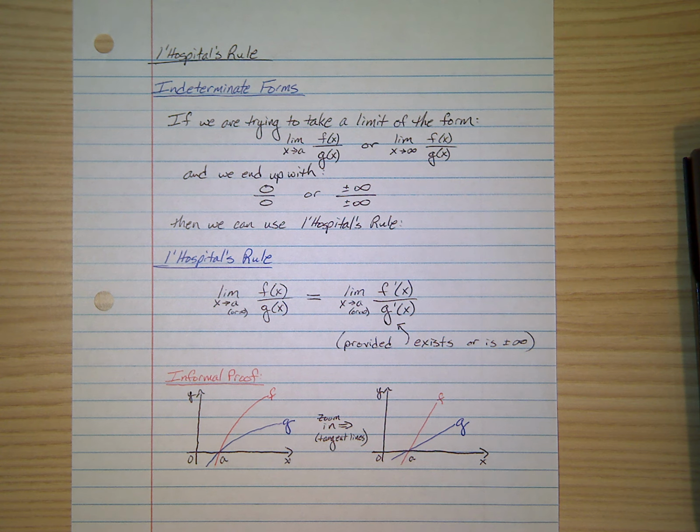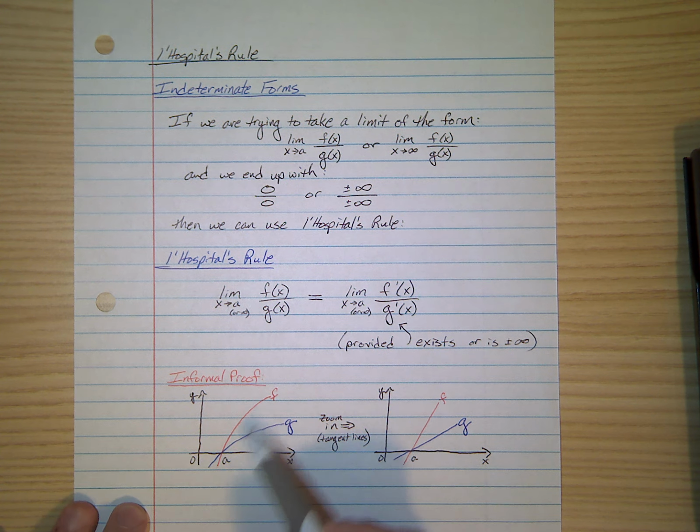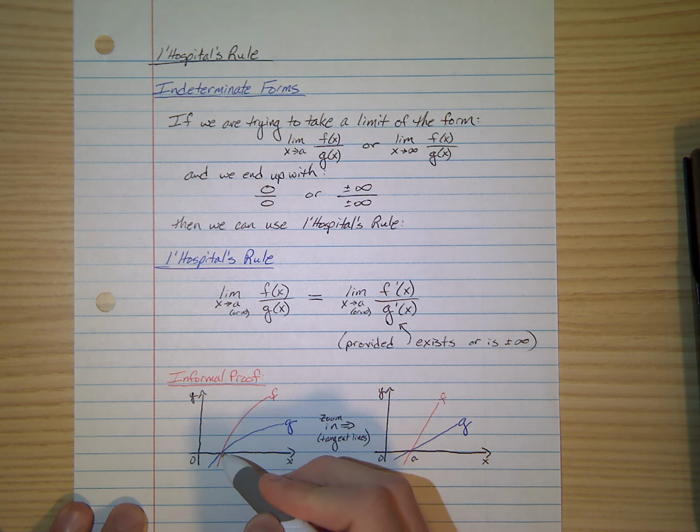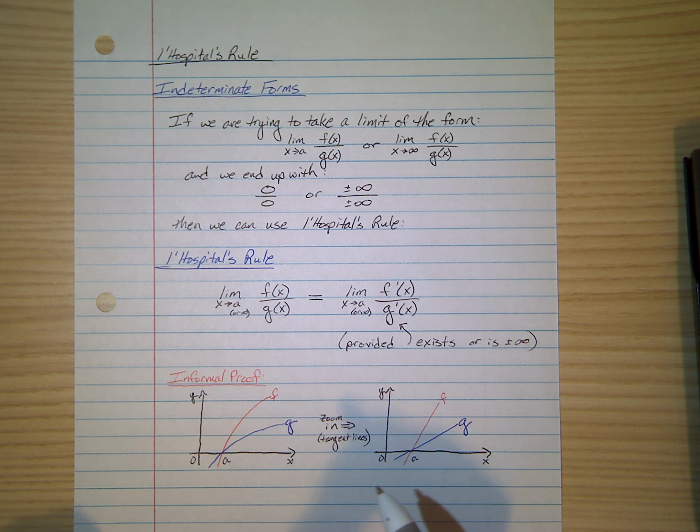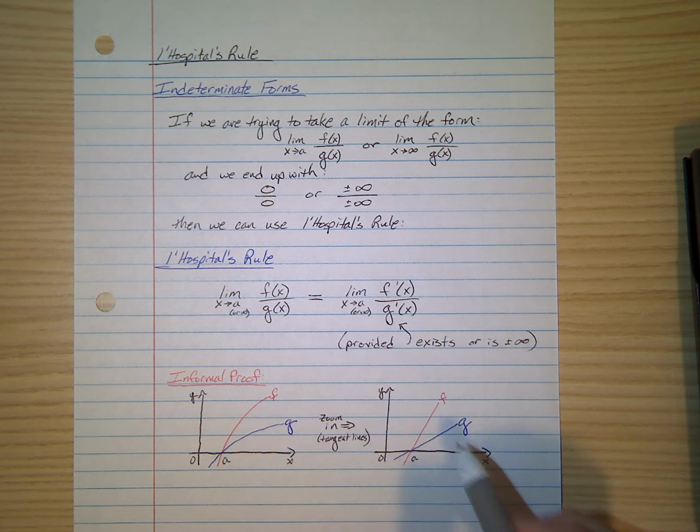Okay, and what I'm talking about here is an informal proof. Let's say you have the limit of f of x divided by g of x as we approach a. Well, as you can see here, obviously f approaches 0, g approaches 0 at a. So you'd have 0 over 0. But if we zoom in or focus on the tangent lines at a, so tangent lines, that's derivatives, right?